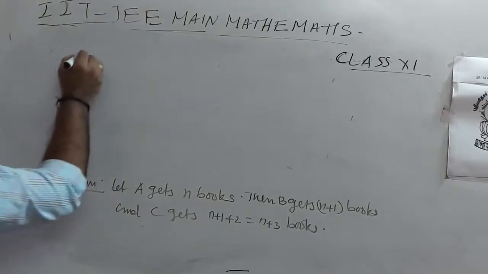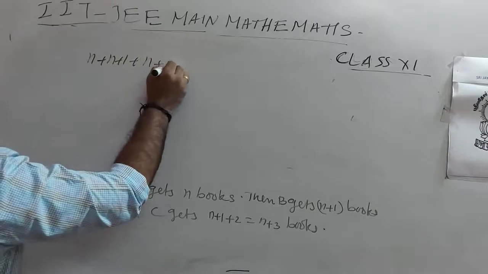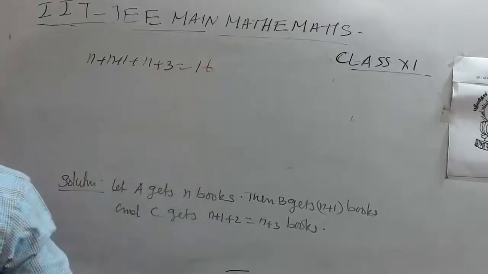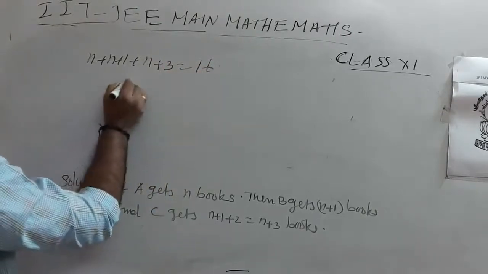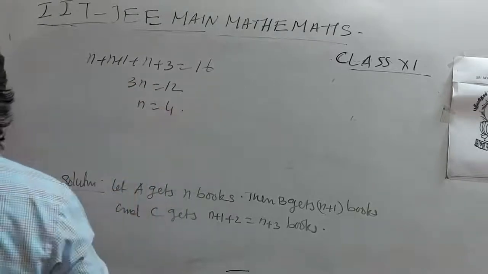Total number of books: n plus n plus 1 plus n plus 3 equal to 16, which means 3n equal to 12, n equal to 4.